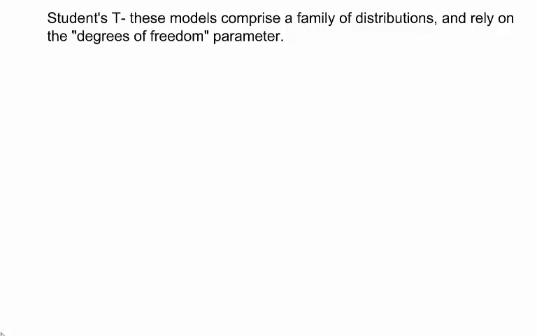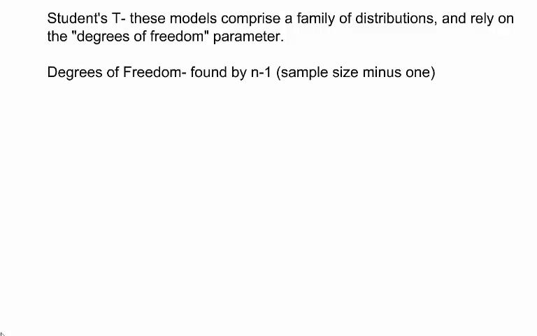When conducting hypothesis testing for means, it's necessary to use the student's t-model. Student's t-models comprise a family of distributions and rely on the degrees of freedom parameter. The degrees of freedom are found by taking n minus 1, that is, our sample size minus 1.